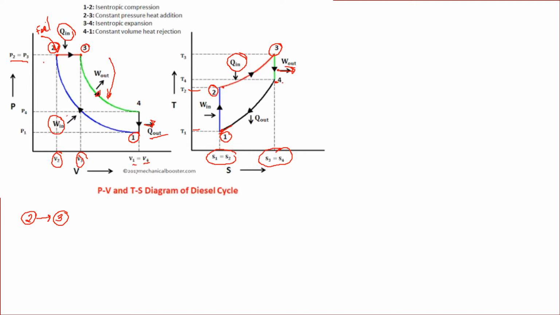So this means that we have the Q in, of course positive, minus the work at the boundary out, equals the change of internal energy, U3 minus U2.